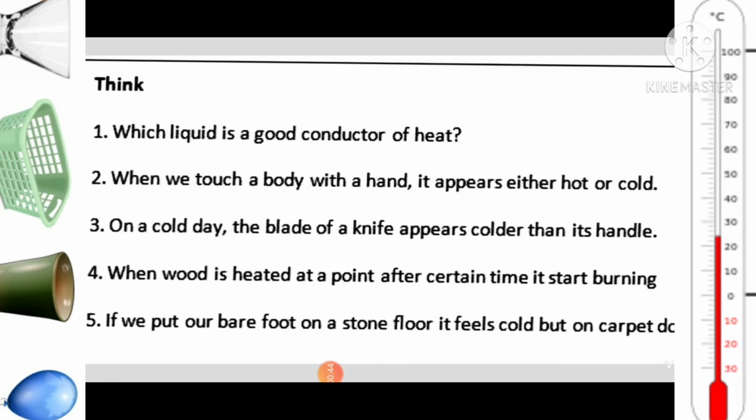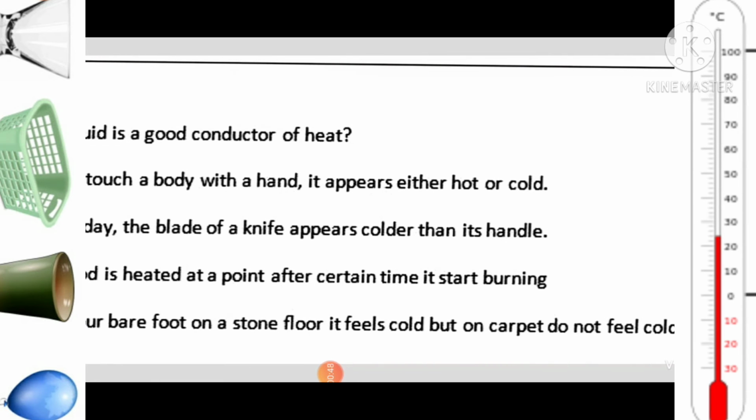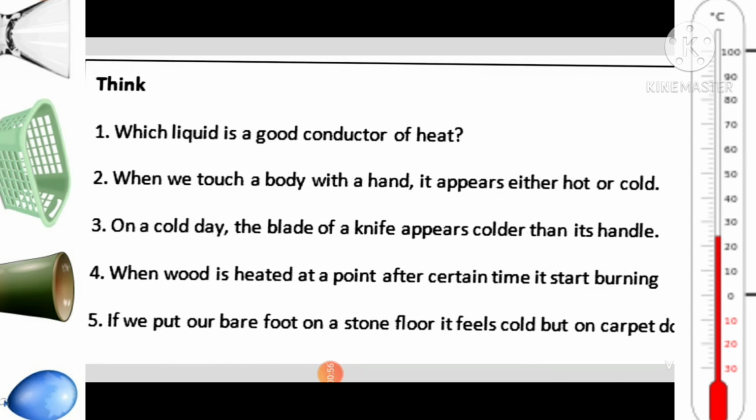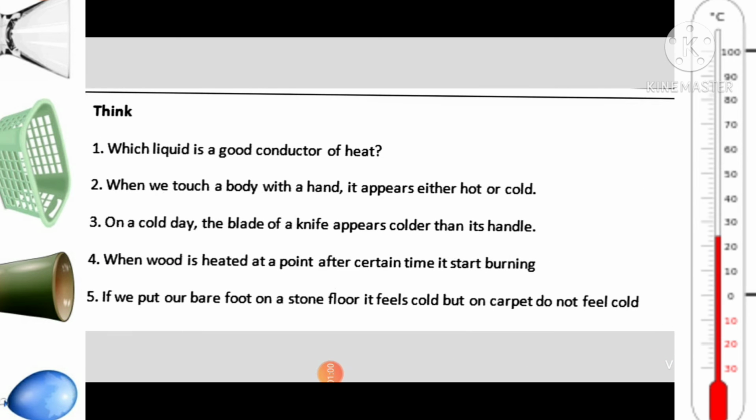If we put our bare foot on a stone floor, it feels cold, but on a carpet we do not feel cold. I think these are the questions we can put to ourselves to understand good conductors of heat. So let us see in the next slide.